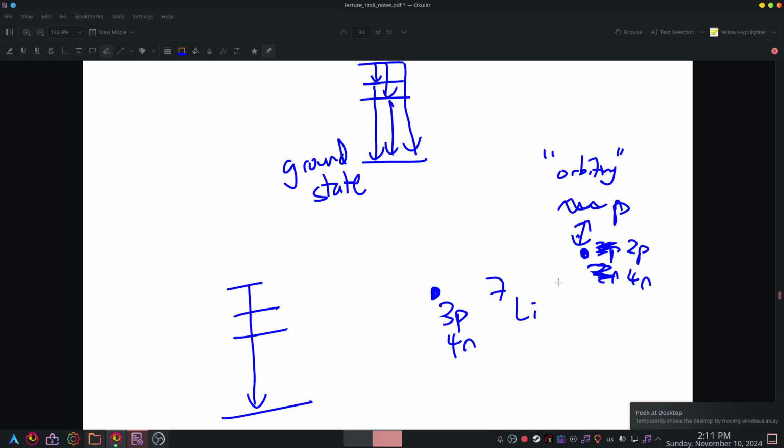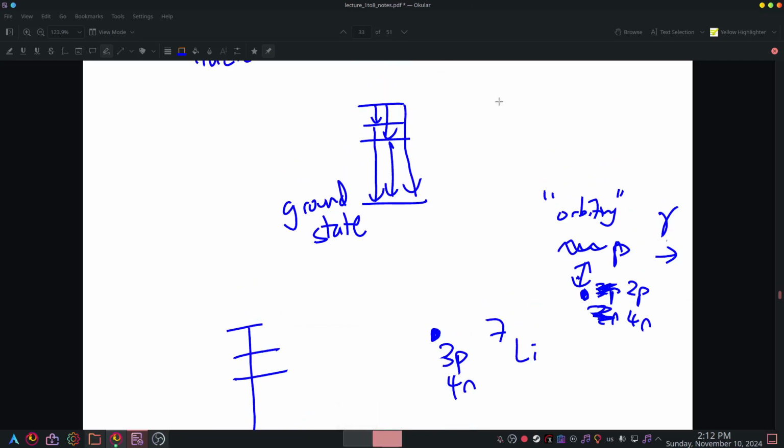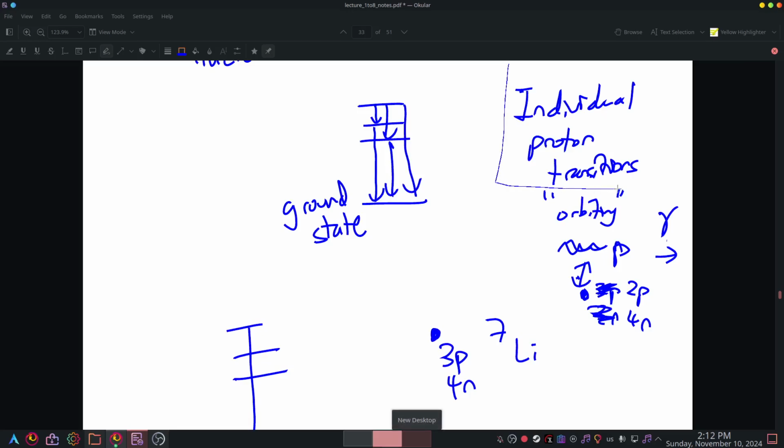Just know that when you have individual protons de-exciting themselves in this orbit, you do emit gamma photons. So this is one way gammas can be emitted: when an individual proton in the nucleus goes from a higher energy level to a lower energy level.